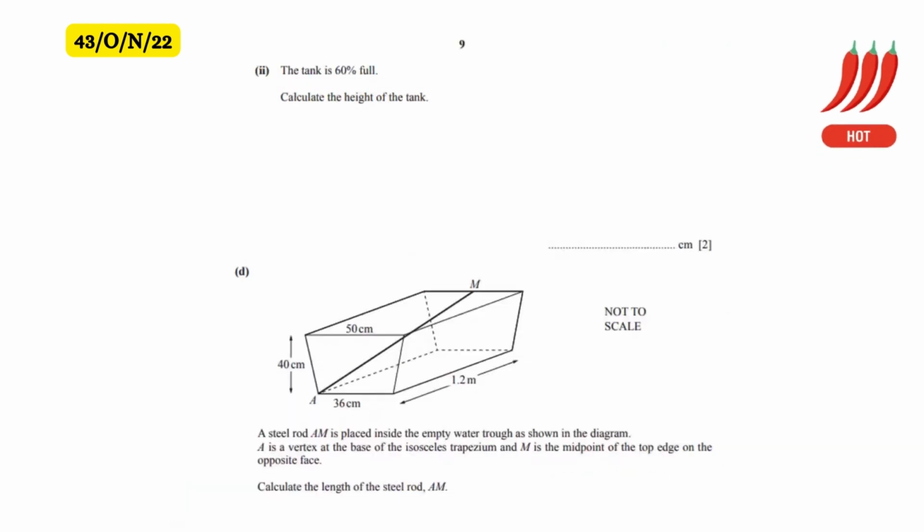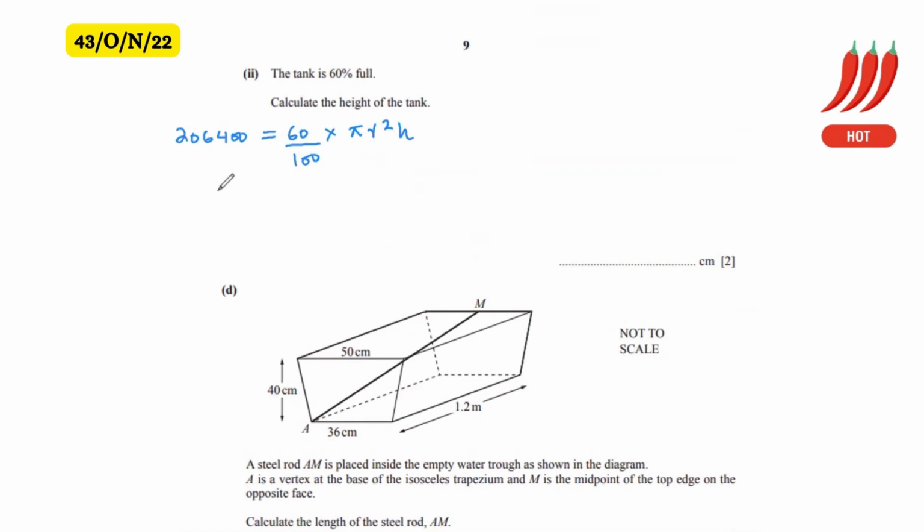Then it says the tank is 60% full, calculate the height of the tank. So if it's 60% full, that means we're going to do 206,400 equals 60% of the volume. So that's 60 over 100 times pi r squared h.